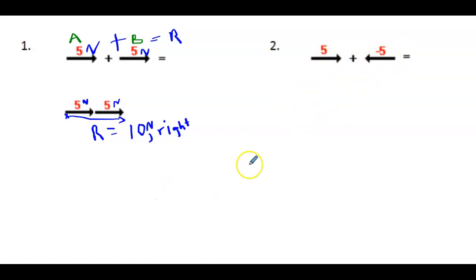So if you take a look at that, we have one vector, which is like a positive 5. Maybe we'll call that vector A, and we'll say it's in newtons again. And vector B is a negative 5 newtons. And we want to know what is the sum of those two vectors. So I'm going to grab these again and use them.